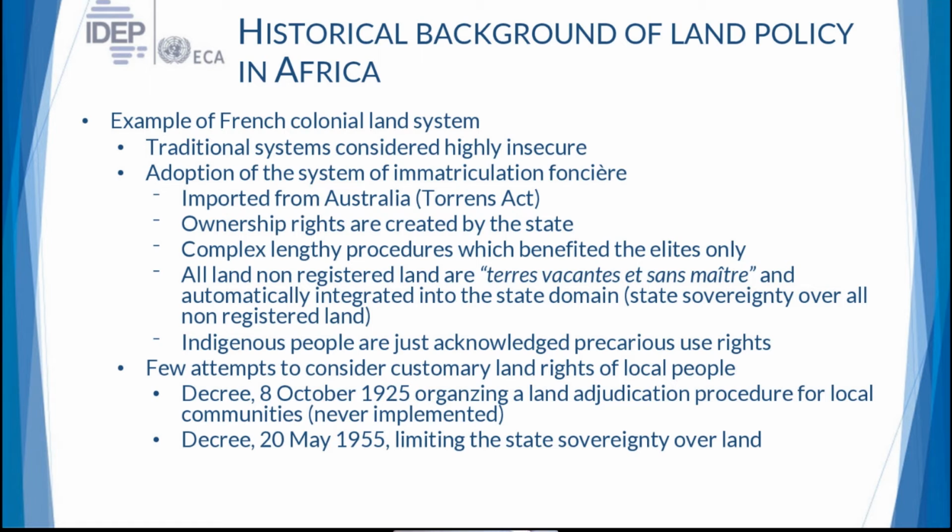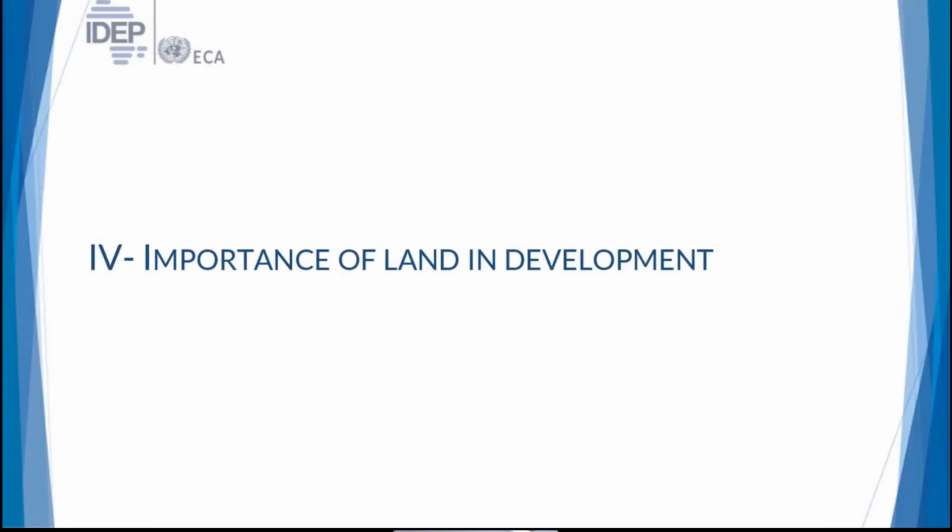You have a decree in October 1925, which tried to organize a kind of land adjudication system on the ground, but this system was never implemented. And you have a second attempt with a decree in 1955, but it was never implemented either because the implementation regulations were never adopted.